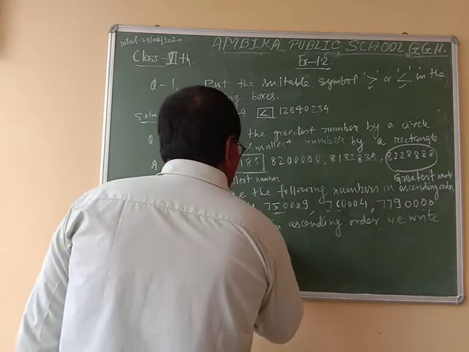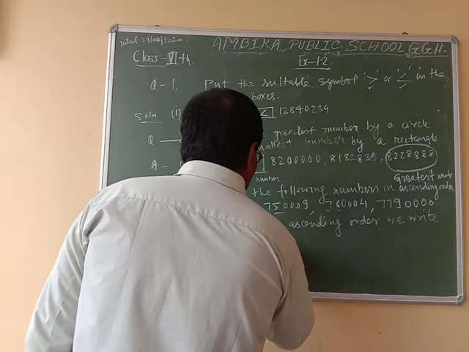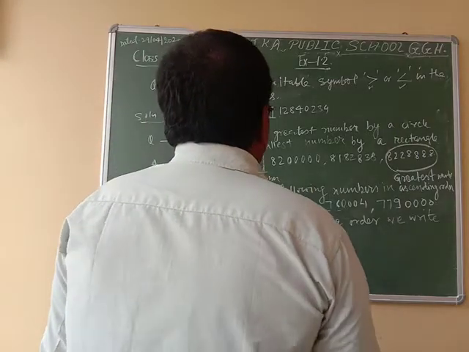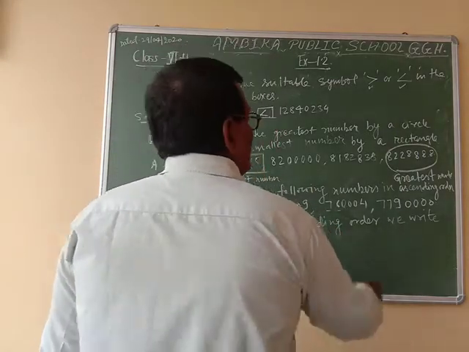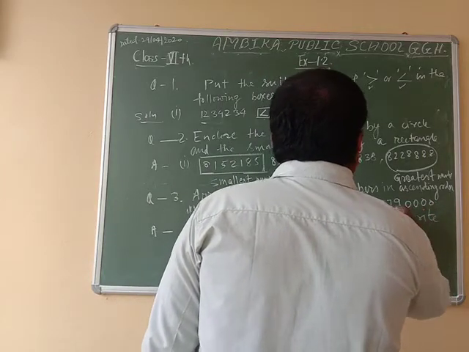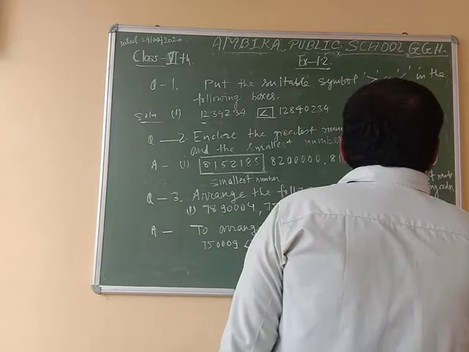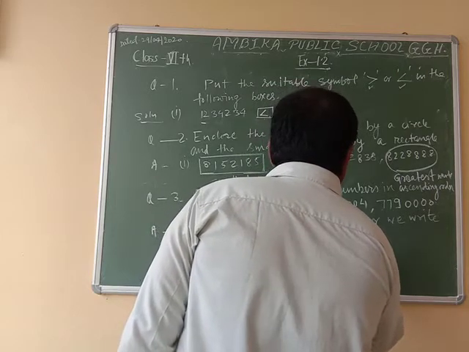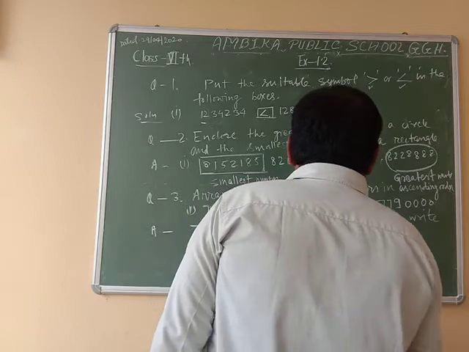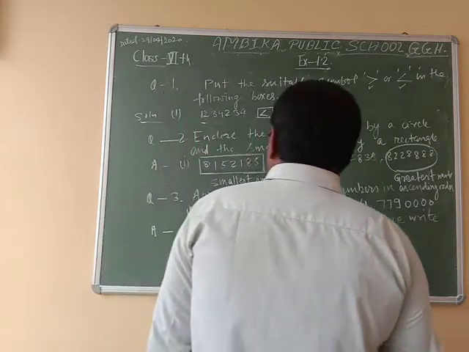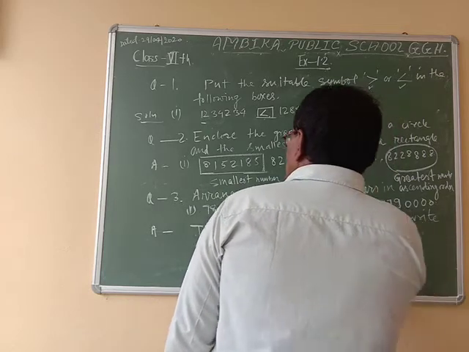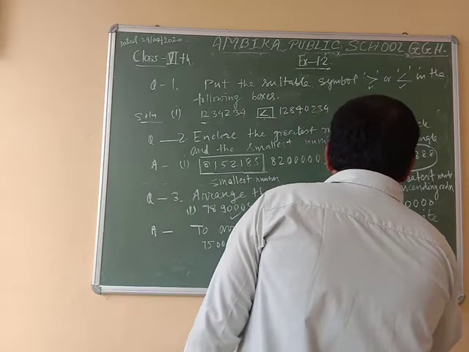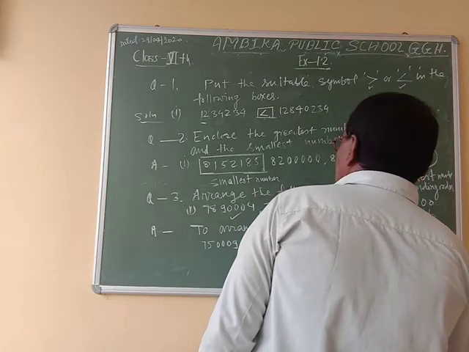7,60,004, and this number is less than 77,90,000, and at last we write 78 lakh 90,004.